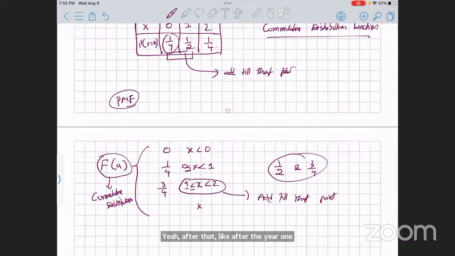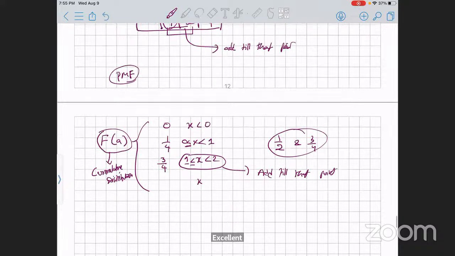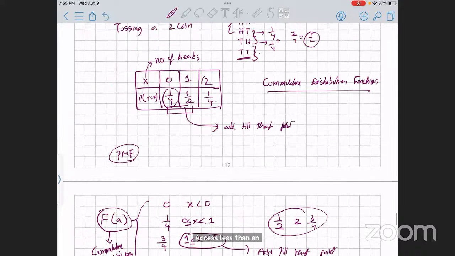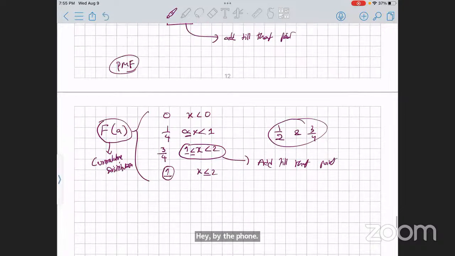And then X, what is the final thing? X is less than or equal to 2, and the cumulative probability will be 3 by 4 plus 1 by 4, which is 1. Yes, this final thing is 1.